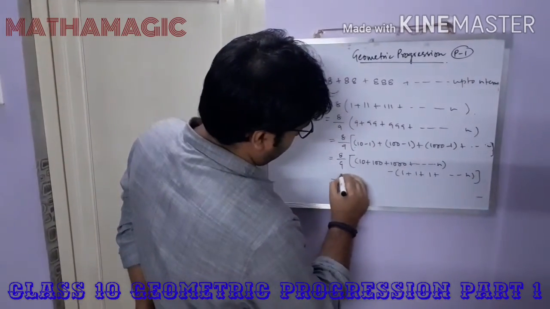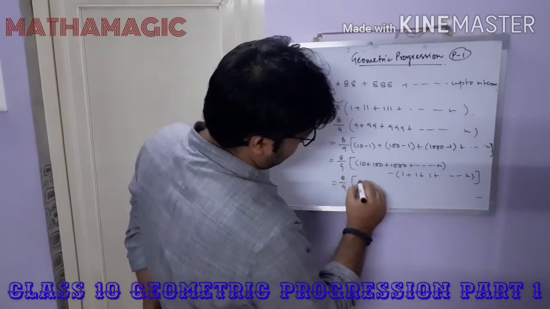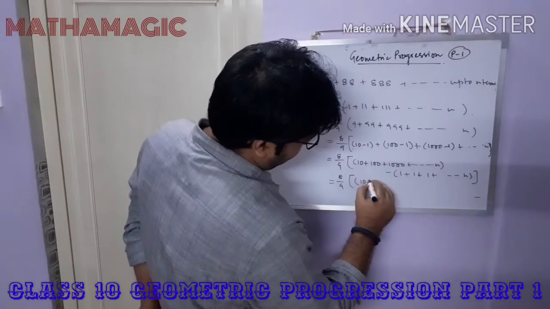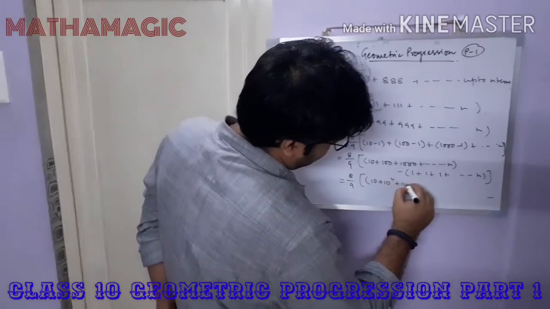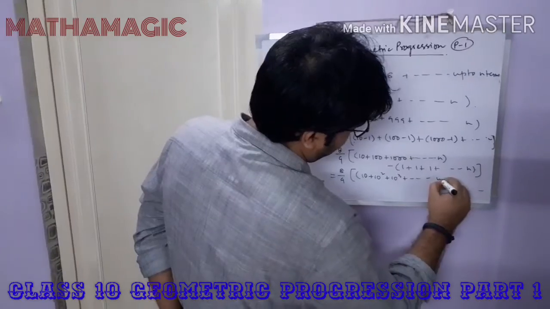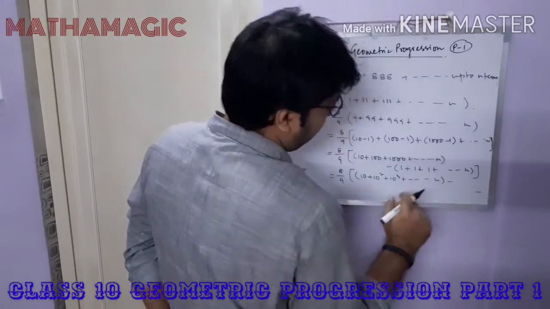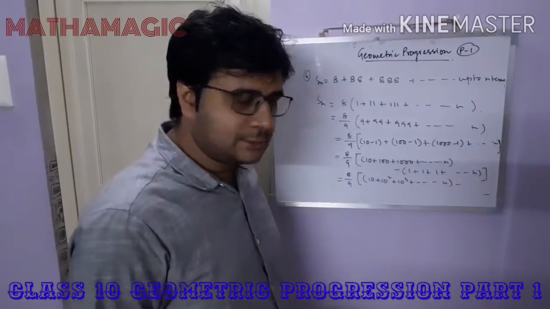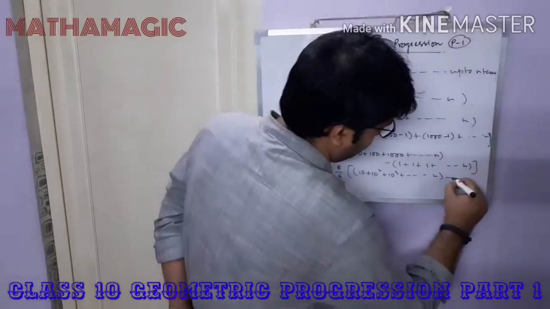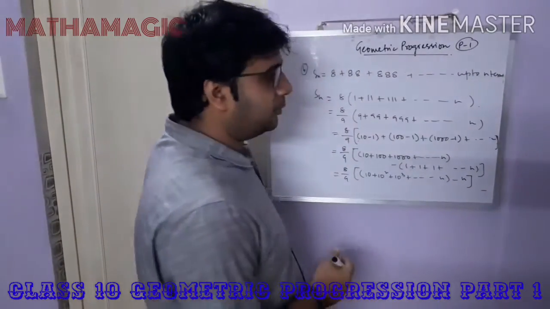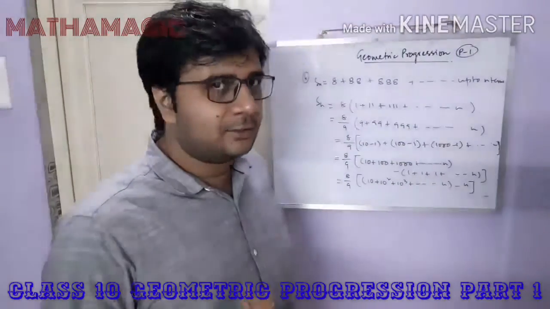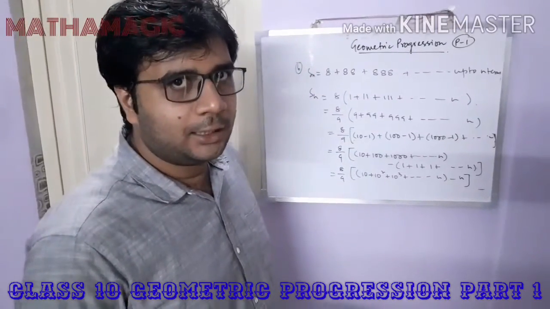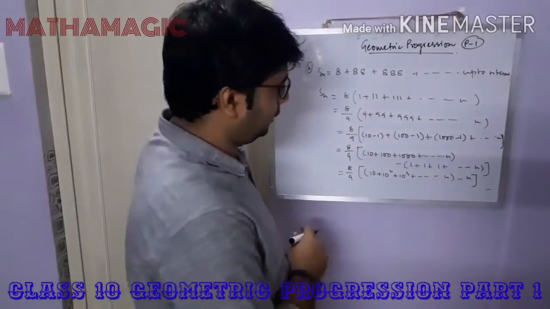Now 8 by 9 times 10 plus 10 square plus 10 cube and so on up to n terms, minus n. If we add n number of ones, then the value will be n only. If you add 10 ones, then the value is 10.